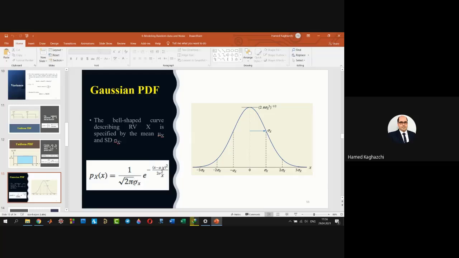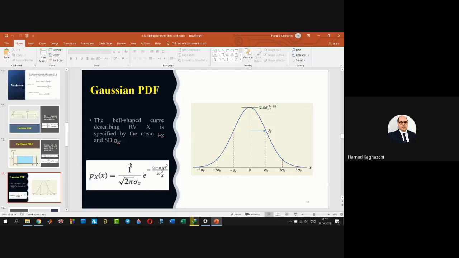As you see here, we have a standard deviation. The standard deviation represents the spread of data about the mean value of the random variable.